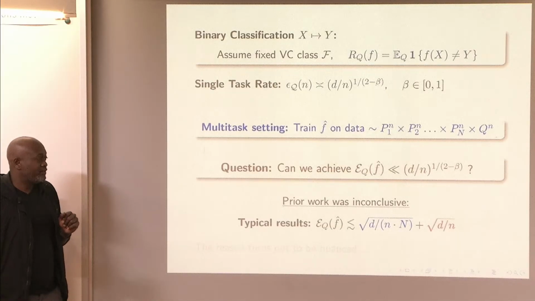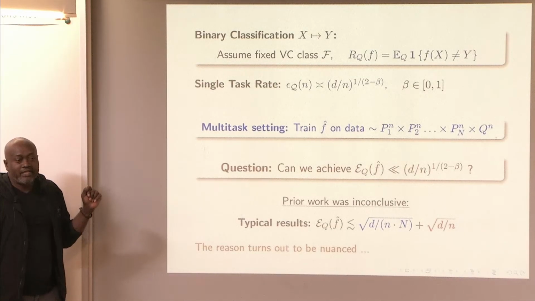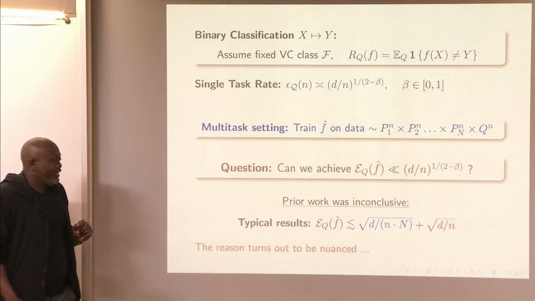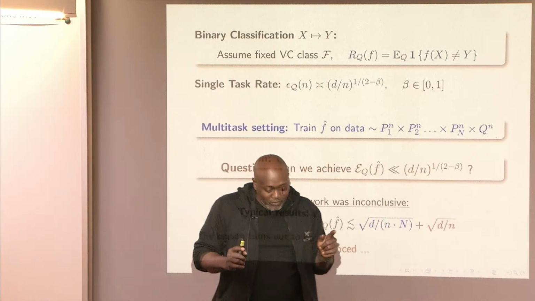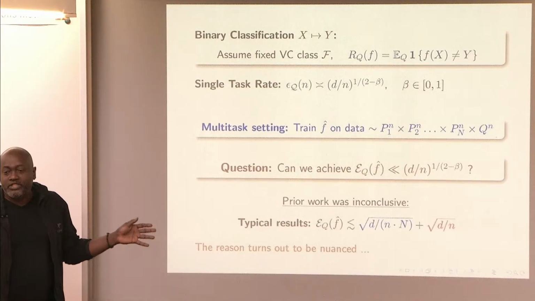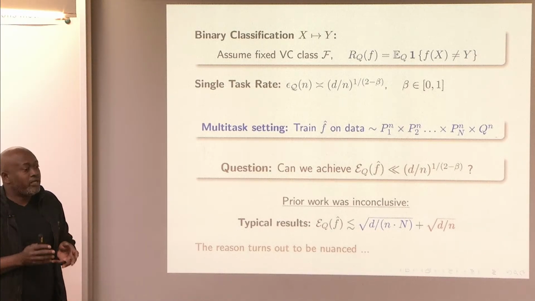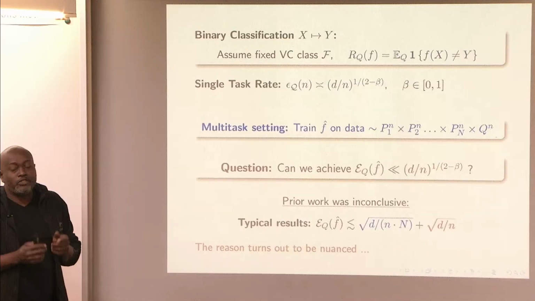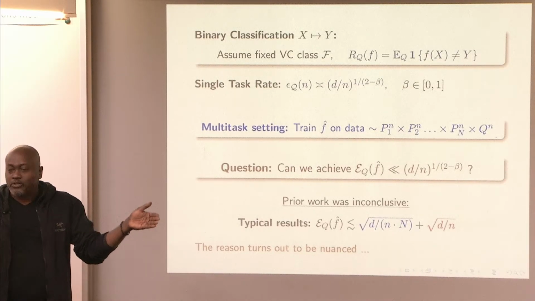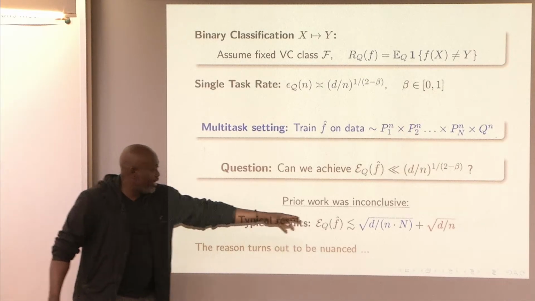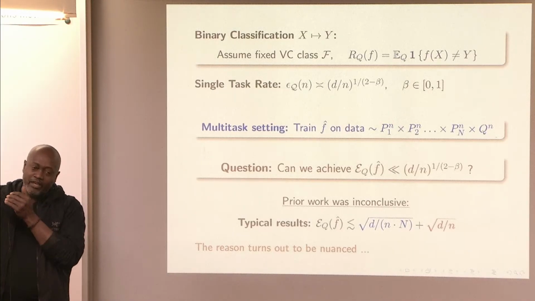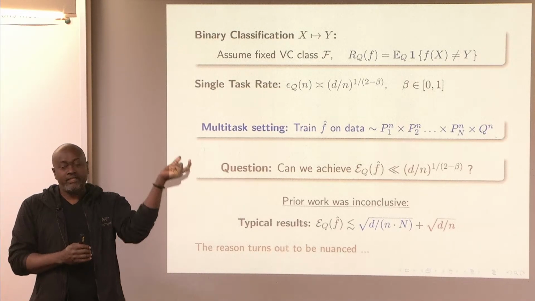Can we do better? It turns out that the picture is quite nuanced in the following sense. I'll show you a simple, idealized situation where an oracle should be able to achieve a rate of convergence in terms of aggregate sample size, not necessarily little n times big N, so definitely a rate much faster than in terms of single task.